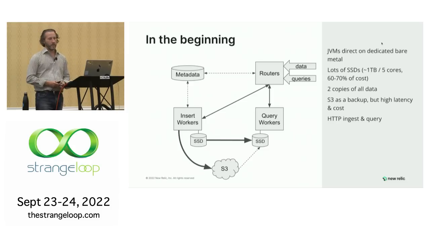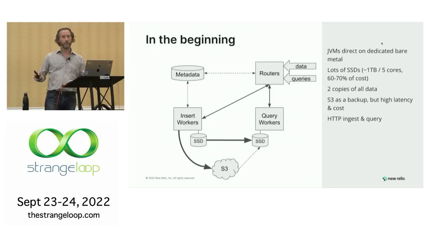And then the last thing of note is what looks a little different here from the conceptual architecture: data ingest was actually coming in the same front door that queries were coming in. So data ingest came in through an HTTP API into the query routers and then got sent off to the insert workers from there.